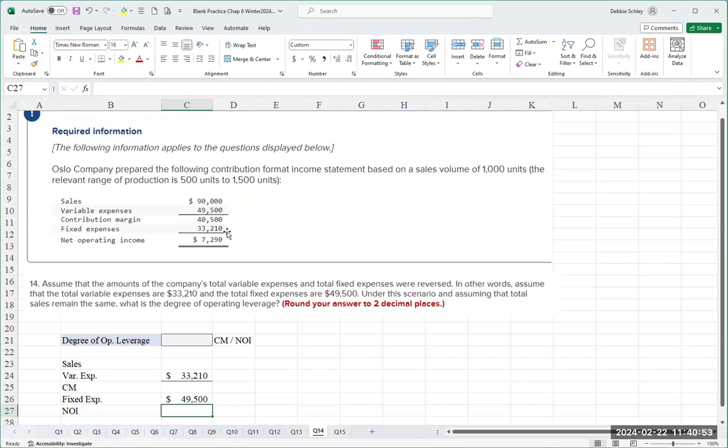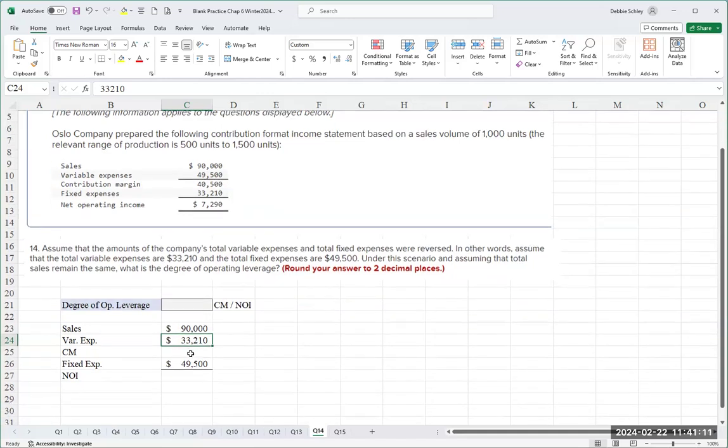So they just swapped these two numbers. Under this scenario, assuming that total sales remain the same, okay, so that's the same. What is the degree of operating leverage? So again, that's going to be contribution margin divided by net operating income. So contribution margin is sales minus my new variable, and then net operating income equals contribution margin minus my new fixed expense.